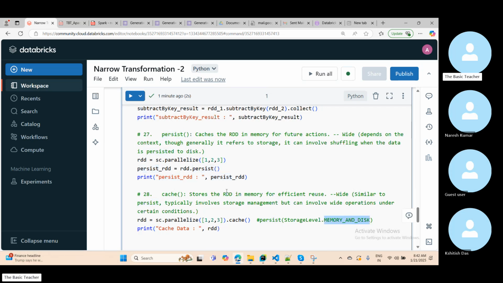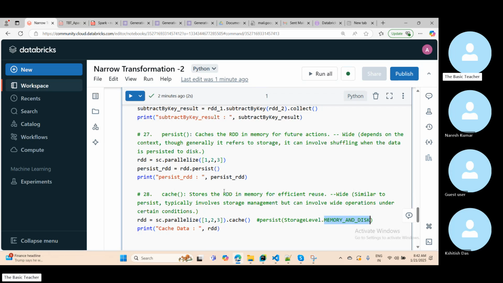So what happens? Let's say you are processing some 100 GB of data, and from that data you are doing a join, then some filter, then some other complex transformation. What is the output you got after that complex transformation? That same output you want to use multiple times, in different transformations, use cases, or stages.